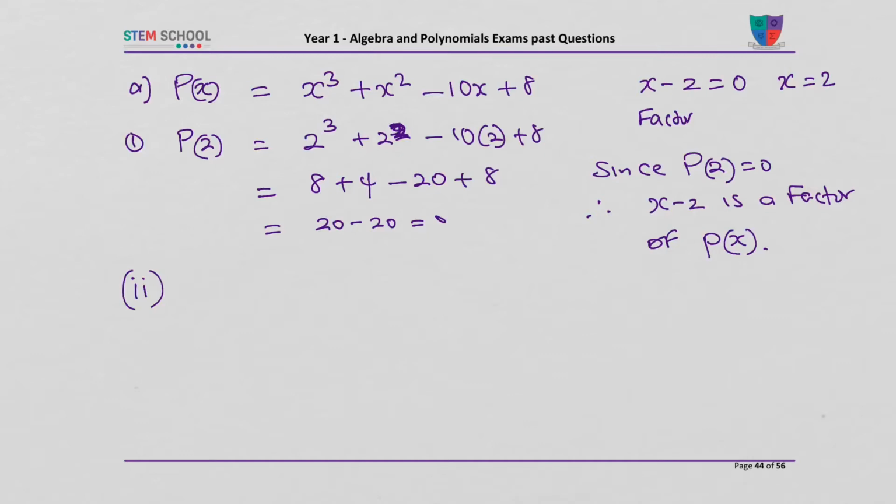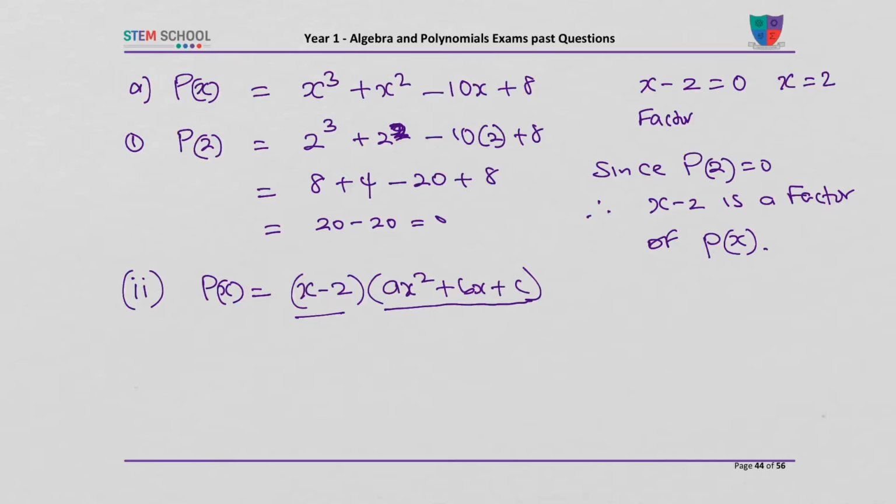So now we know that p(x) can be written as (x - 2), that's a factor, times (ax squared + bx + c). So we need to find the other two factors, where this one is linear and this is quadratic, so we need to find the other quadratic.